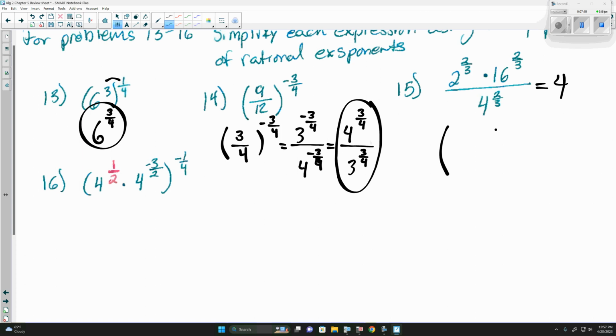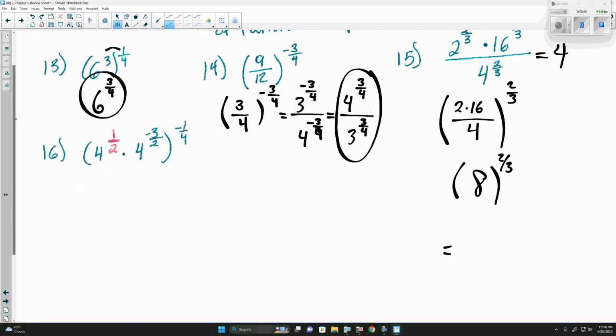Really, we can pull the 2/3 out. So we get 2 times 16 over 4. Now, we could do 2 times 16, which is 32, divided by 4 is 8. 8 to the 2/3. Well, the 3 on the bottom is the cube root.